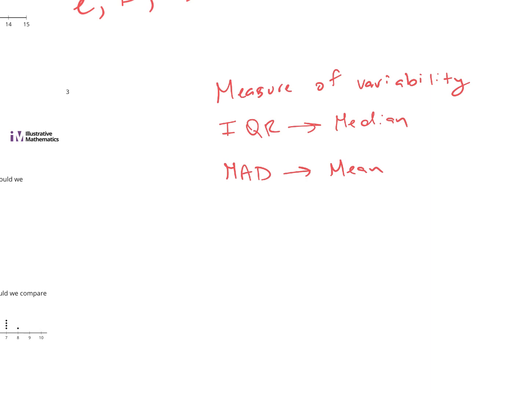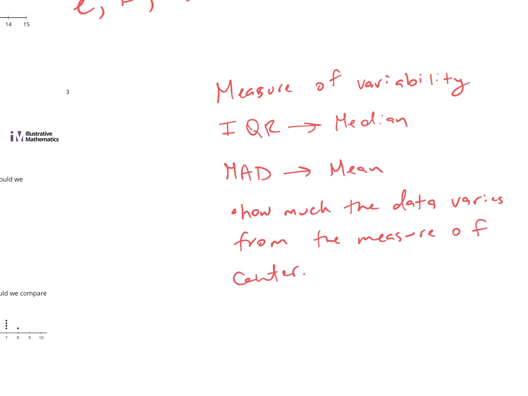And measure of variability is just telling us how much the data varies from the measure of center. So when you're calculating IQR and MAD, the bigger the number it is, the more the data varies.